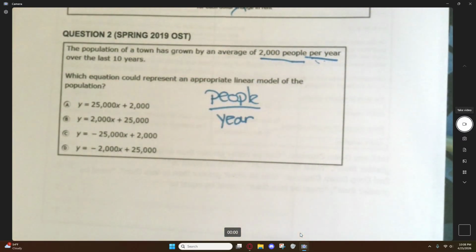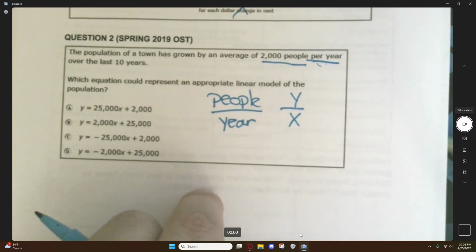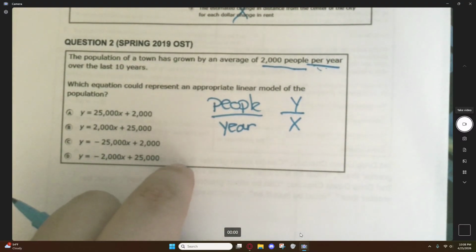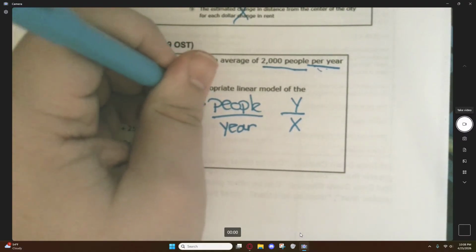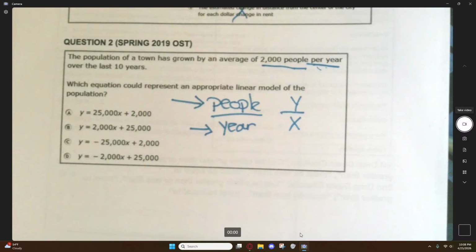When we talk about ratios, and we talked about ratio proportionality back in 7th grade, we talked about ratio proportionality being y over x. Miles per hour, people per year, cost per donut. So people would represent your y, year would represent your x, okay?